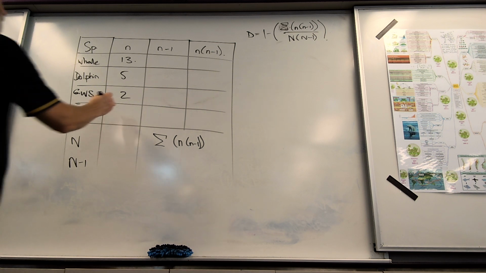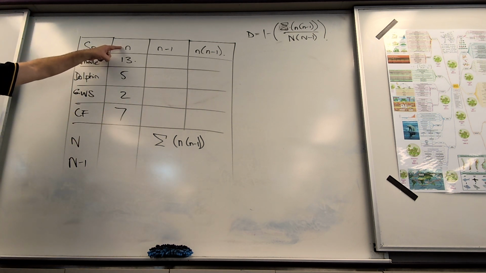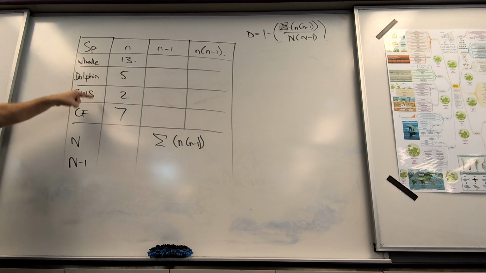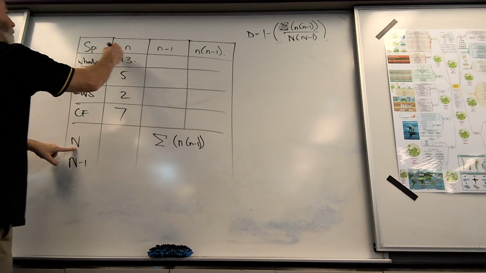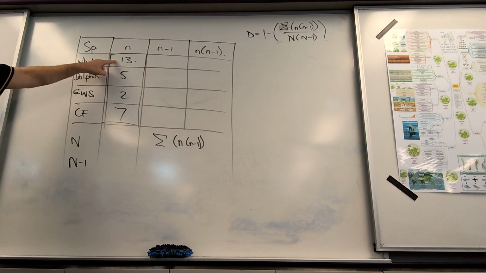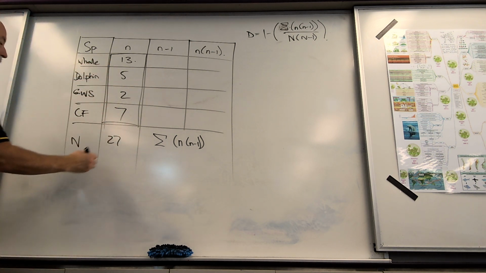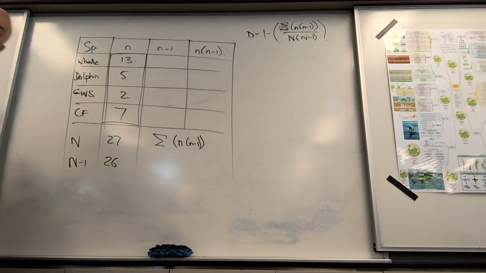7. Right. So these numbers here are the numbers of each of these species. Okay? Big N is all of these added up. So here we've got 20, 27. N minus 1 is 26.